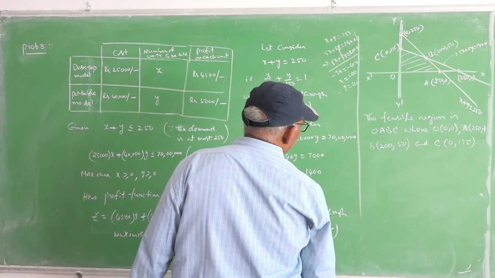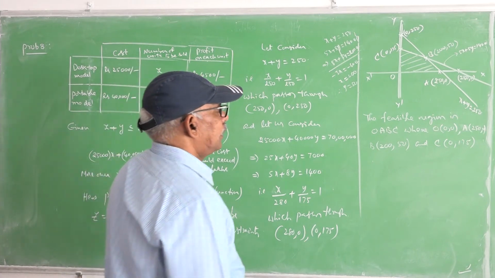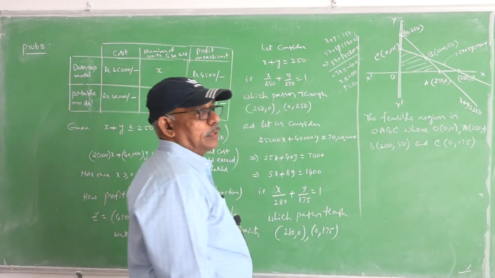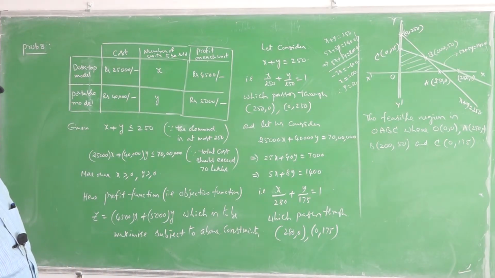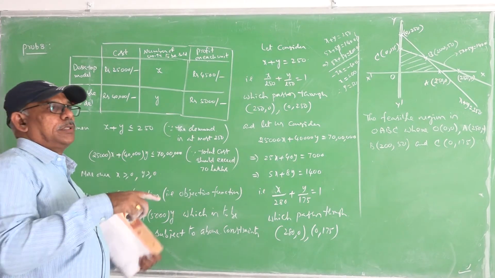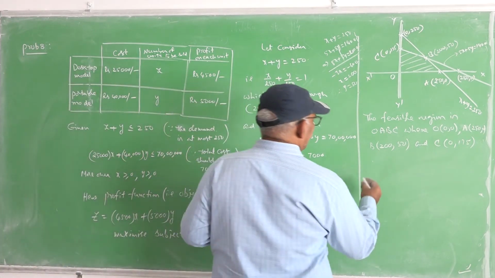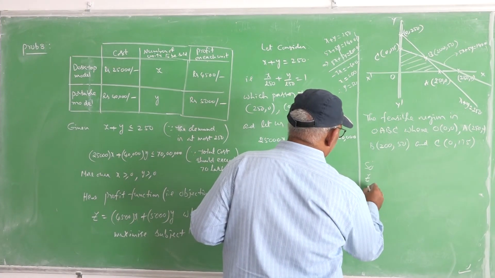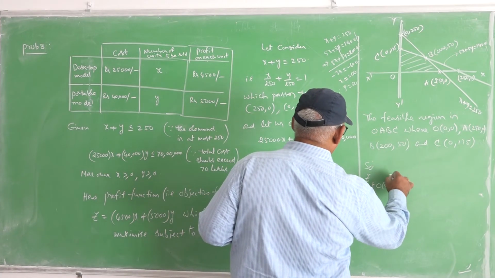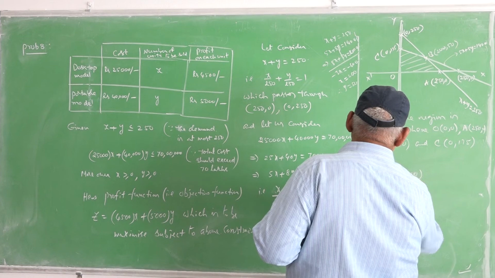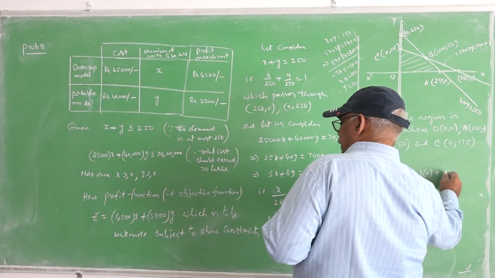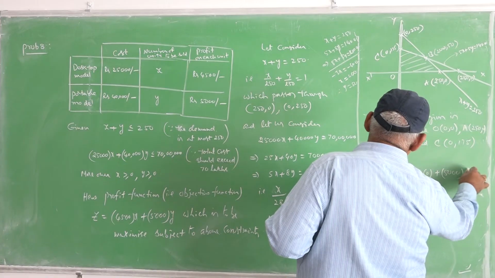Now obtain the values of z at these corners to maximize or minimize the objective function. The minimum or maximum value of the objective function is attained at the corners of the feasible region once the feasible region is bounded, that means closed. So z at the origin, the profit function 4500 into x plus 5000 into y, is 0.